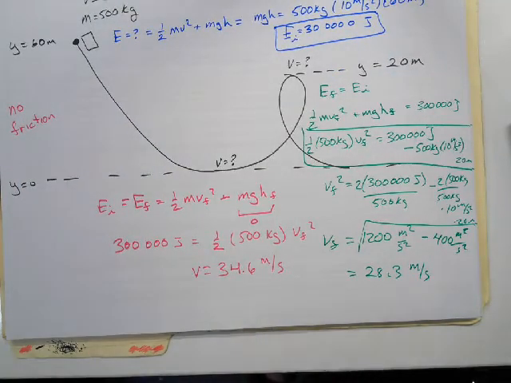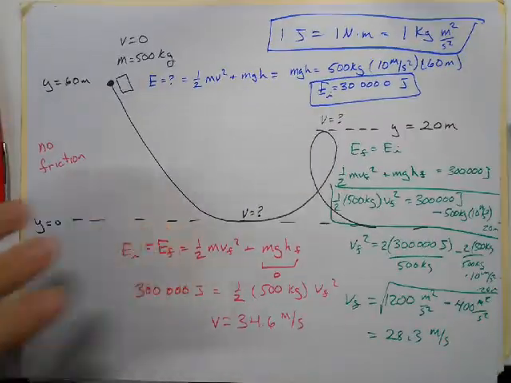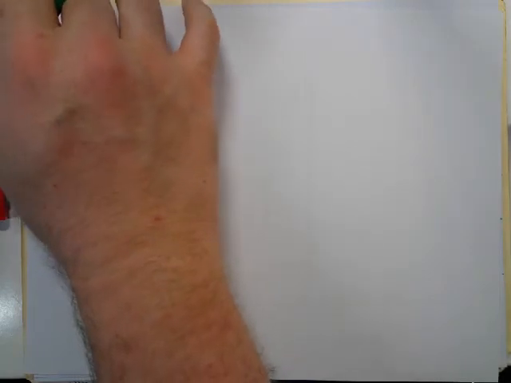So this is the process by which you would go through a problem. And so what I want to do is take a clean sheet of paper and go through that process.